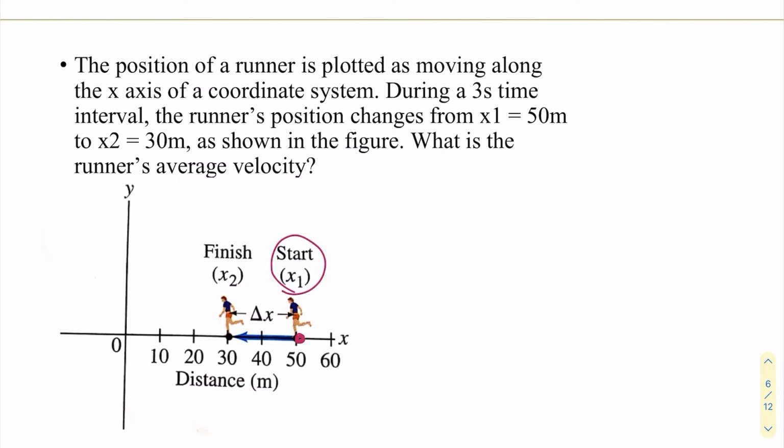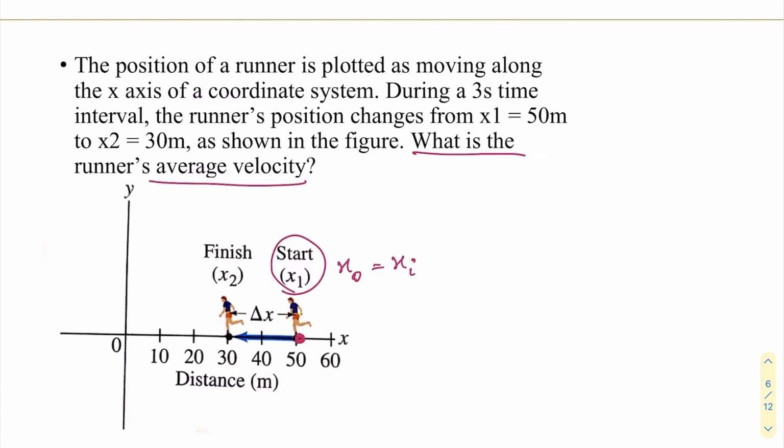Initial position is represented or denoted by x sub 1, or sometimes x sub naught, or sometimes by x sub i, which refers to initial position. So in this case, we are going to find out the average velocity.